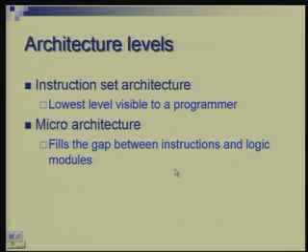Architecture itself, which is around that interface between hardware and software, we are going to specifically look at two layers, or sometimes it is called architectures at instruction set level or at micro architecture level.